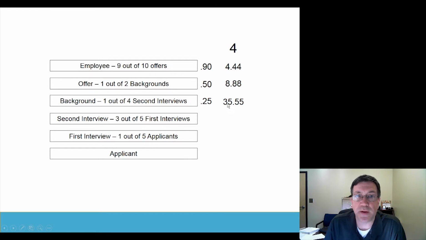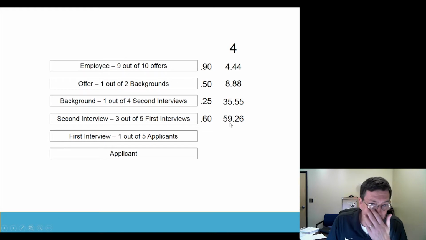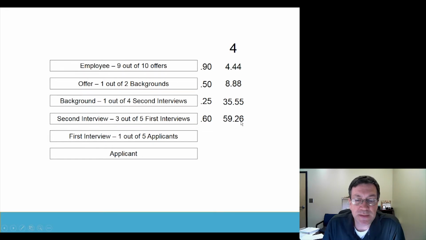All right, so now we've got a 35.55. We're going to have a 0.6 factor here, because 3 out of 5 is 0.6. We divide 35.55 by 0.60. And that means that at this stage of the process, we've got to have roughly 60 people in order to get 4 employees.